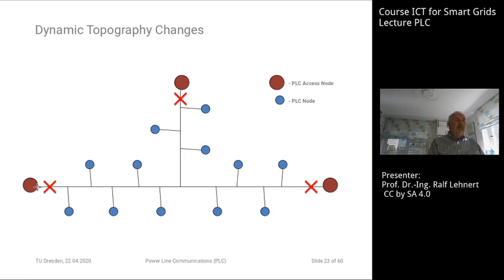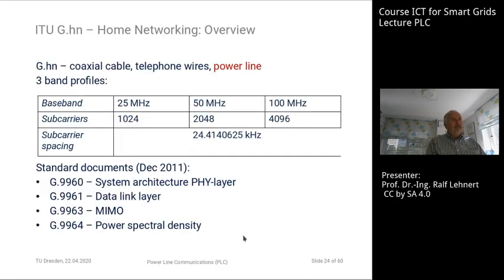So this one might be disconnected for some time, the other one and the third one as well. In this case, we must be able to do an automatic rerouting from the internet connection to these access nodes, so that if, for instance, this connection fails, we must be able to feed via this way or via this way. And this has to be done automatically, and that means this must be implemented in a PLC system.